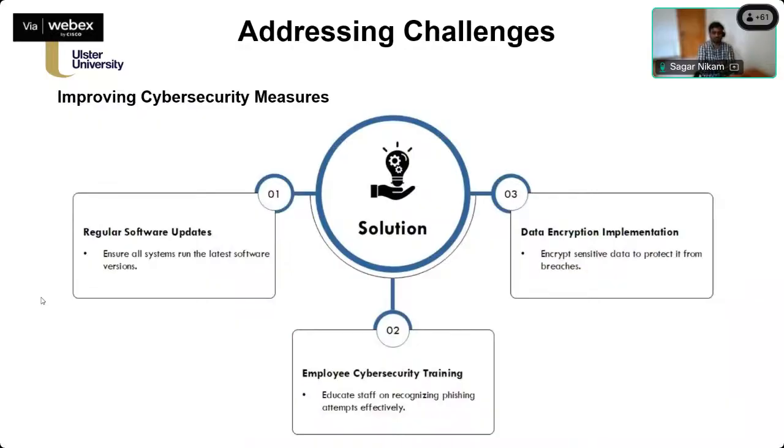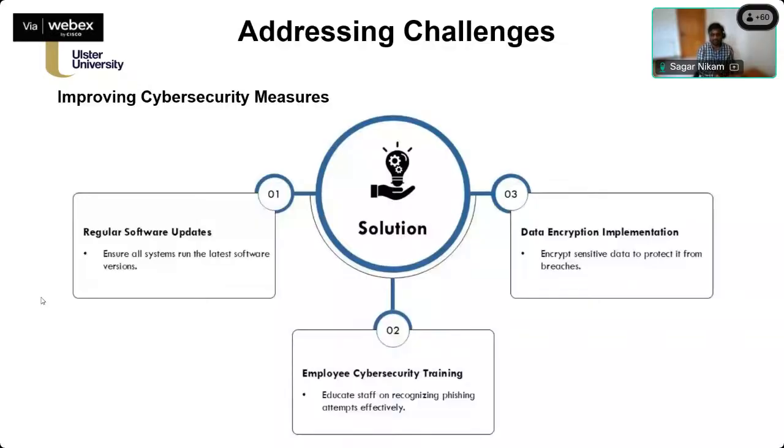To improve cybersecurity measures, there are main aspects that need to be considered. One is software updates: always make sure that we are using the latest version of the software. Another is employee training. Most of the staff don't know what type of message can be a cyber threat.